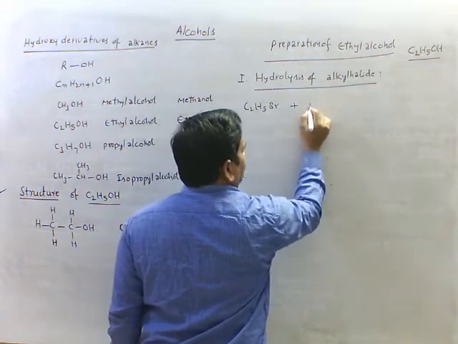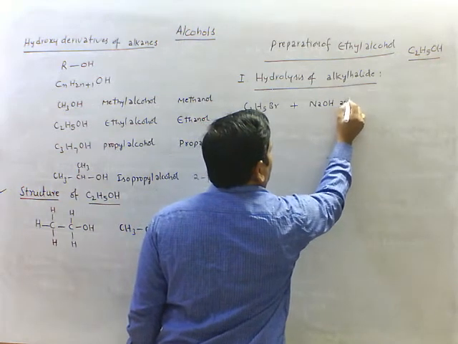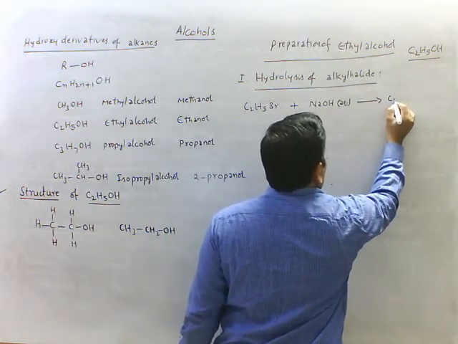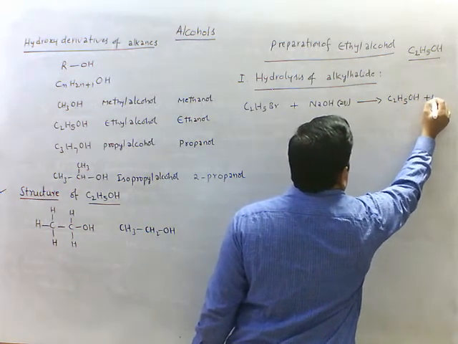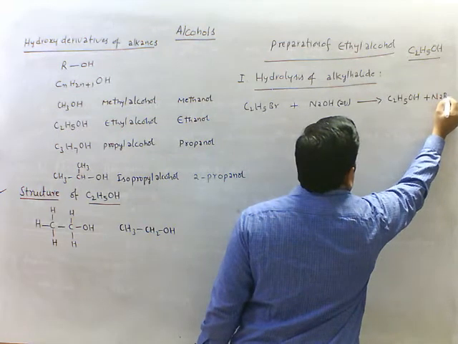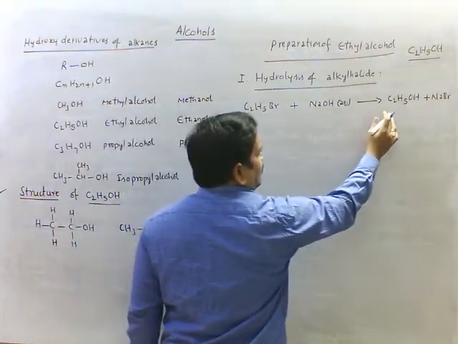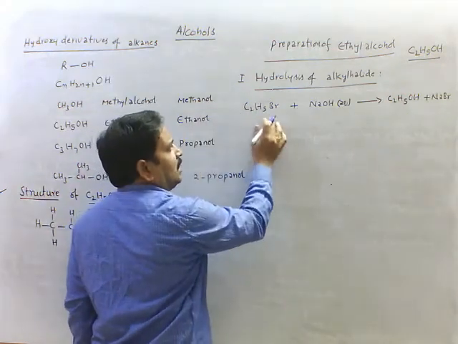It is treated with aqueous sodium hydroxide. We get C2H5OH plus sodium bromide. This we call ethyl alcohol or ethanol. This is ethyl bromide.